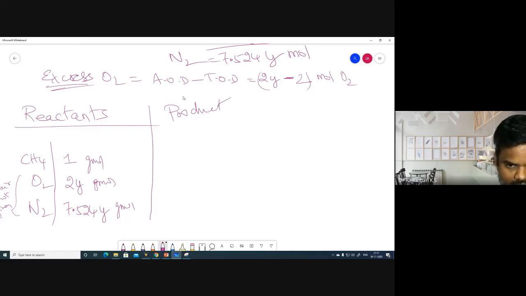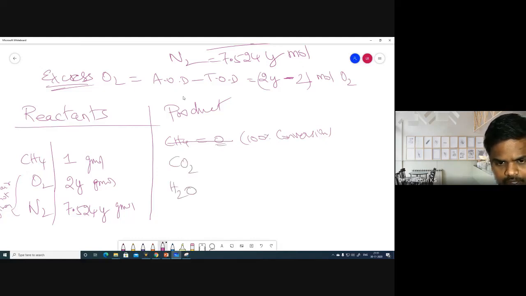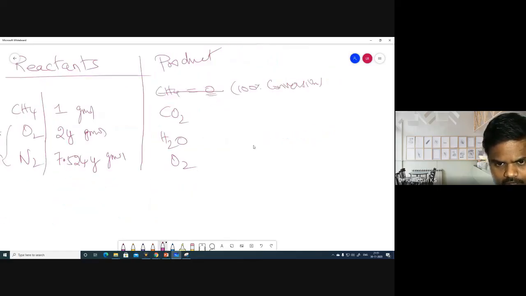It is 100% conversion, so there is no methane. If it were not 100%, there would be some unreacted methane. The products are CO2, water, the excess oxygen, and the nitrogen.